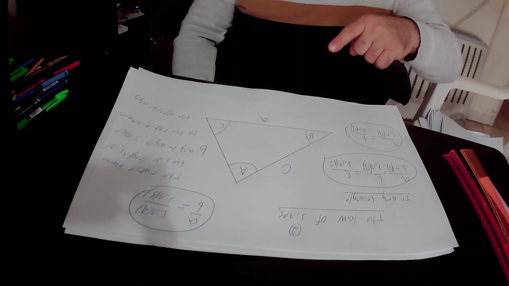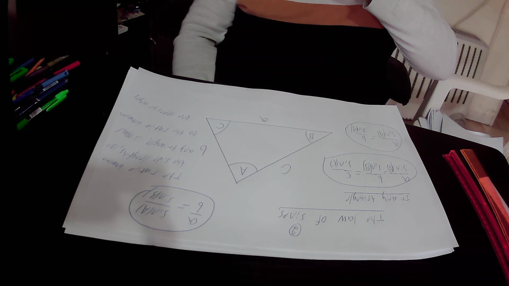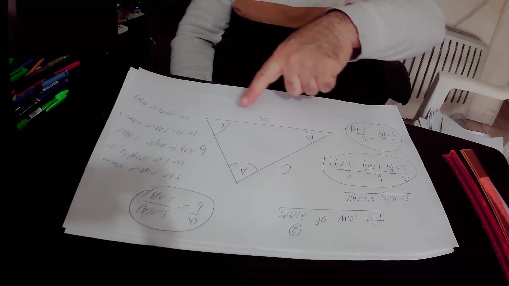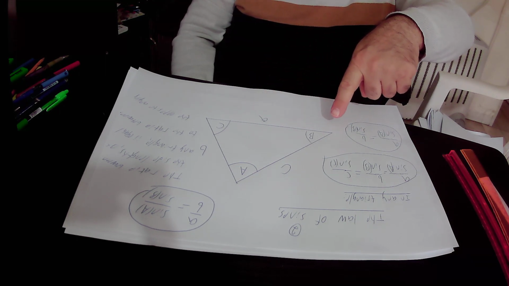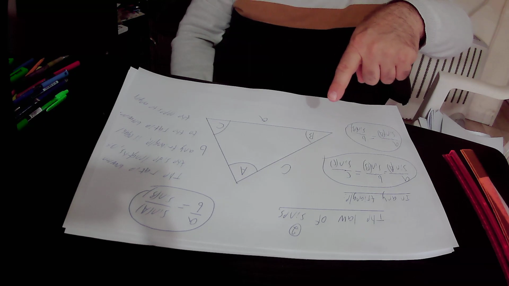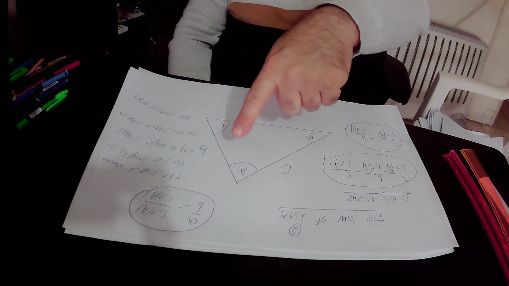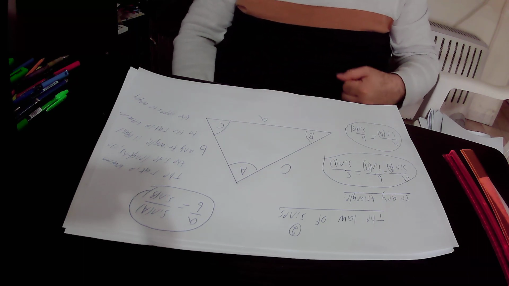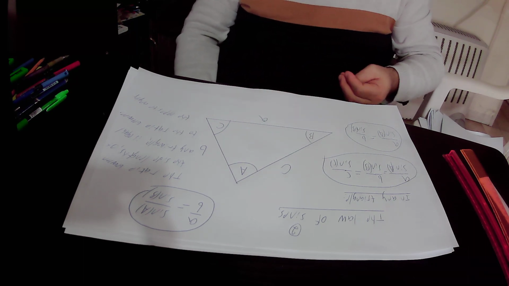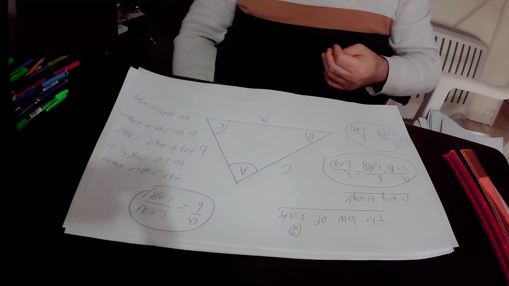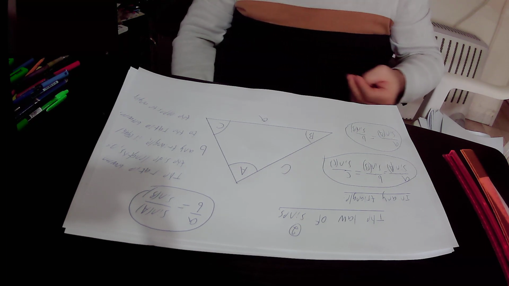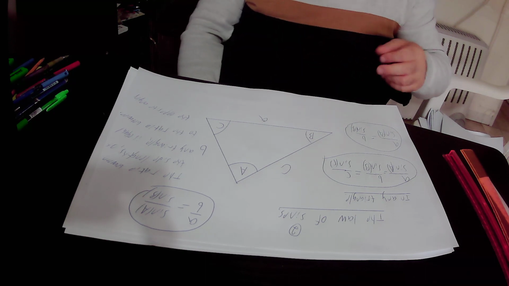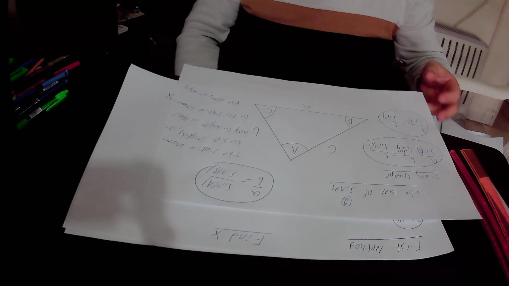Because angle A is located opposite this side and angle B is located opposite this side, it is actually the ratio between the sides that is equal to the ratio between the opposite angles. Okay?